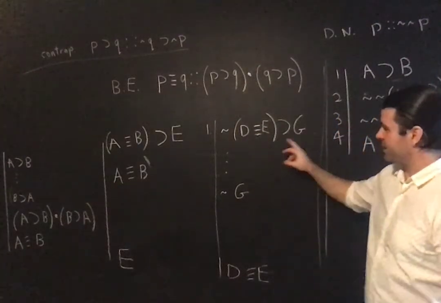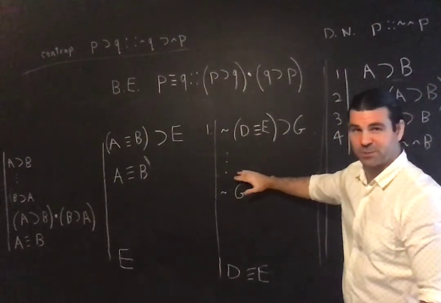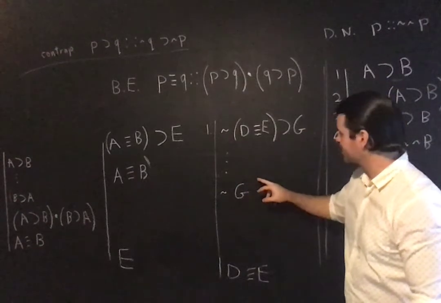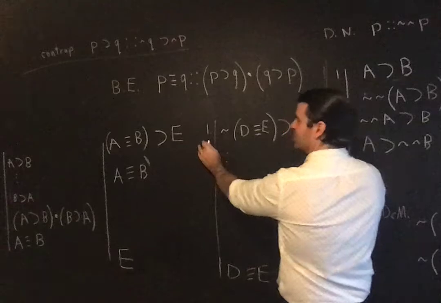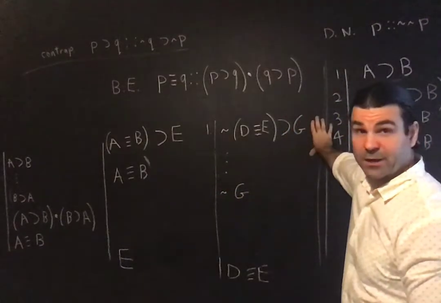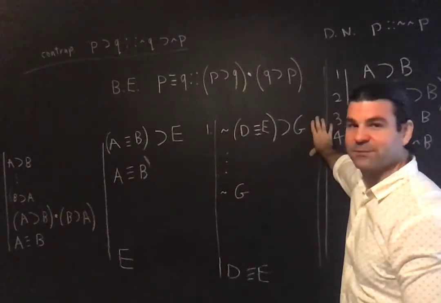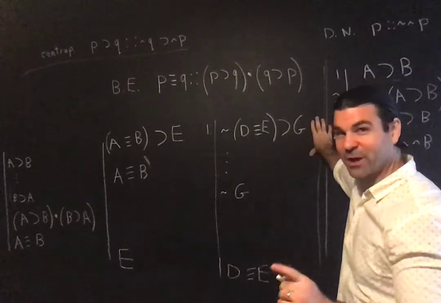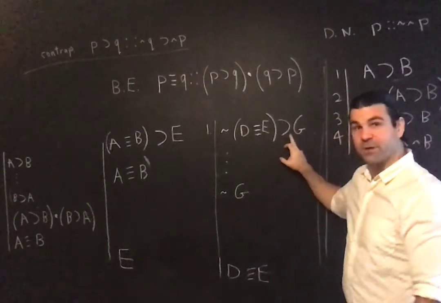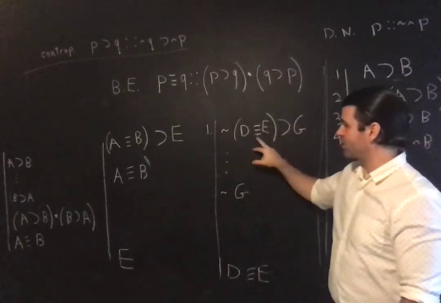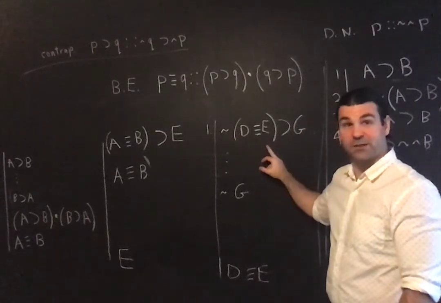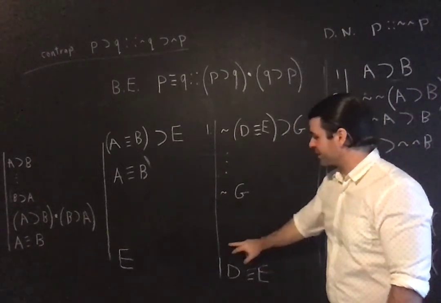If you were given that as a premise, this is not B biconditional E hook G, right? And you should here think, you've got maybe some other premises, but just looking at the first premise, I can almost get home if I can perform a modus tollens, because a modus tollens gives me the negation of the antecedent, and it's exactly what I need.